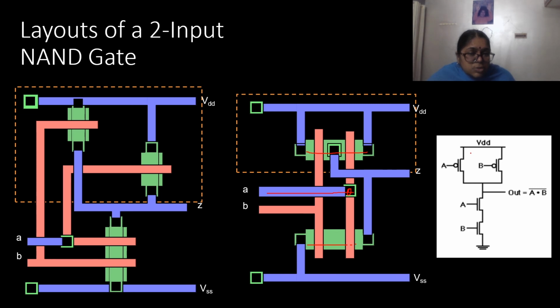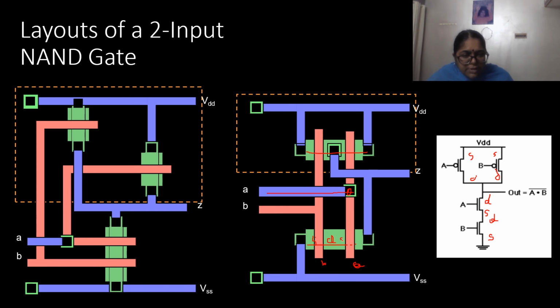Once again, source of the PMOS transistor is towards the VDD and drain of the PMOS transistor is towards the output. Similarly, source of NMOS is towards ground, drain is towards the output. So if I mark source of, this is transistor B, this is transistor A. So source of B, if I mark this side, so drain I will be marking this side.